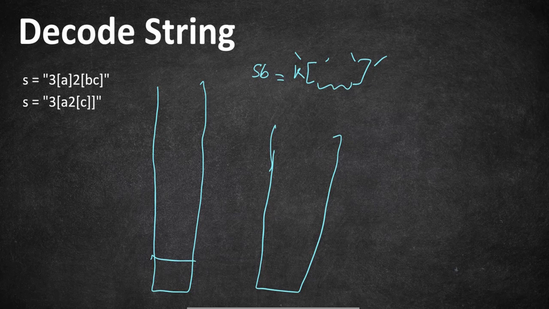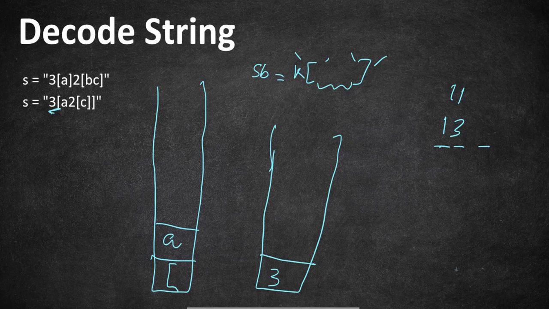Let's start. The first character is the number 3. We are going to check whether there is another digit next to it, because sometimes the numbers could be 11 or 13, a two-digit or three-digit number. Here the number is 3, so first we put 3 in the number stack. The next is not a number, it is an open braces, so let's insert the open braces in the stack, and the next character is A, which we put in as well.